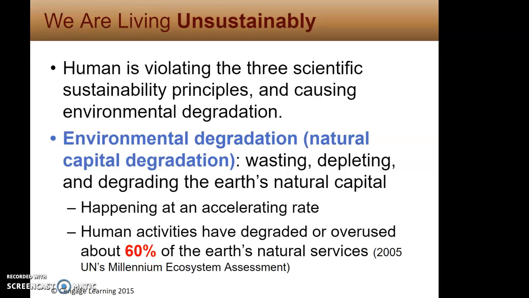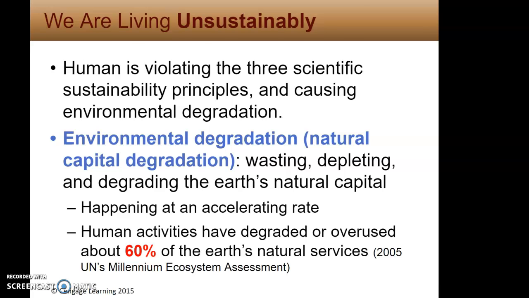And this is happening at an accelerating rate. Human activities have degraded or overused about 60% of the Earth's natural services. This number, 60%, you also need to know, since with numbers we can describe a situation more clearly than just by qualitative description.